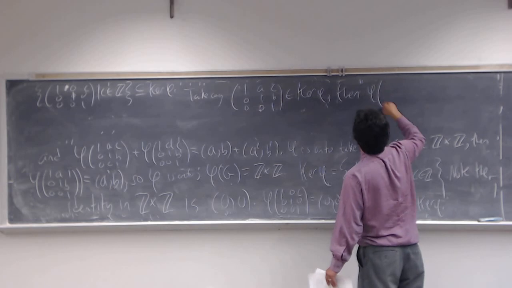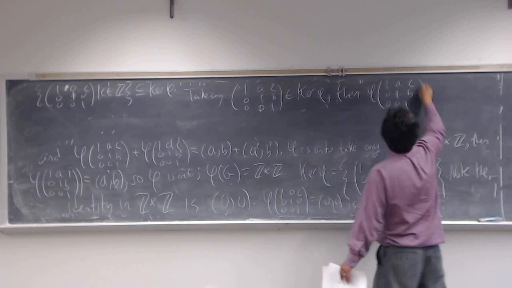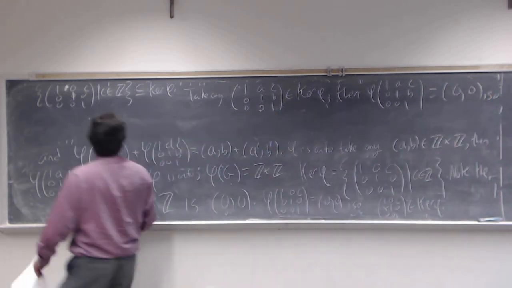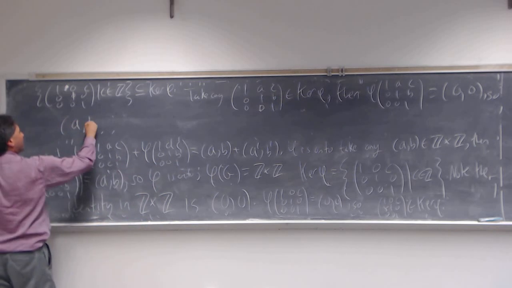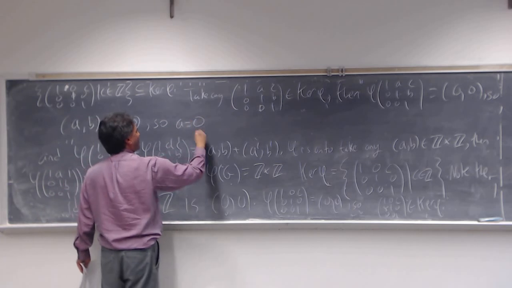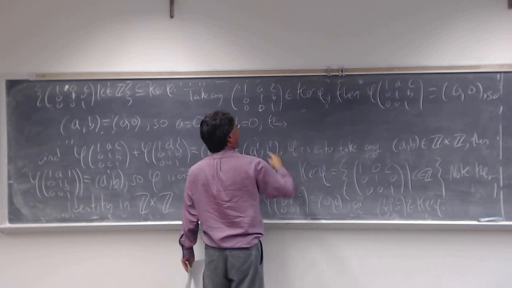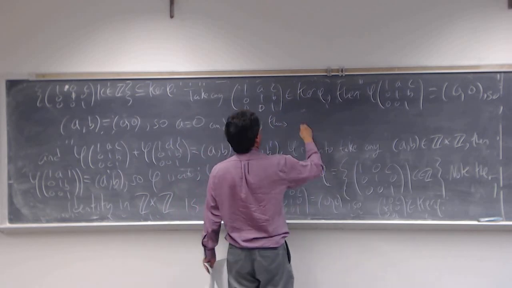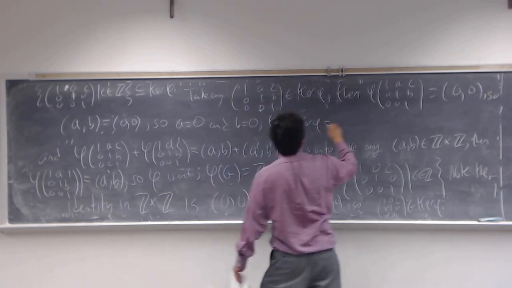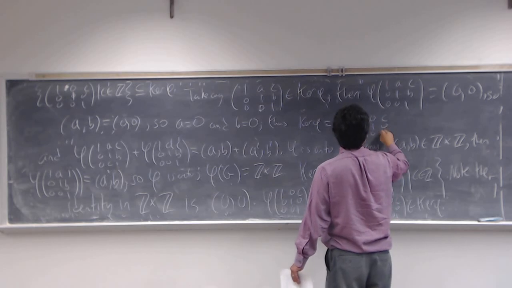That tells us, well, when I plug this in, I have to end up with 0, comma 0. So, what is phi of that element? That would just be A, comma B has to equal 0, comma 0. So A equals 0, and also B has to equal 0. And that gives us the other containment, right? That tells us that any element in the kernel really needs to have A and B equal to 0. So it's going to be exactly a matrix of this form.